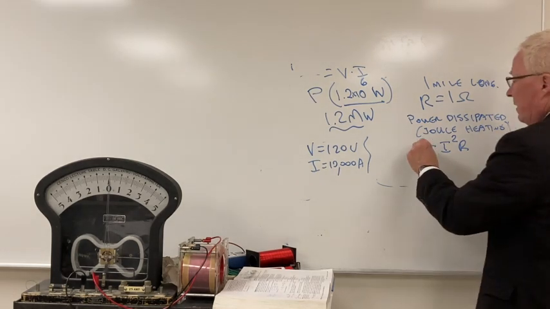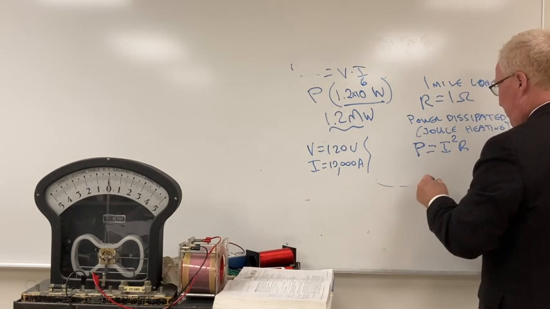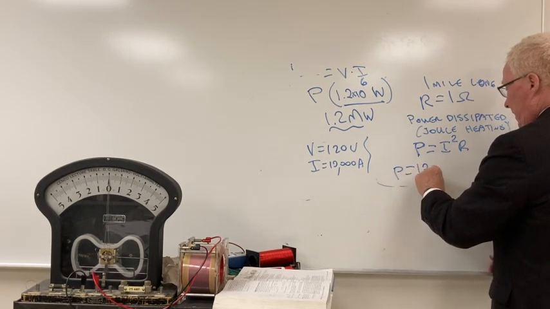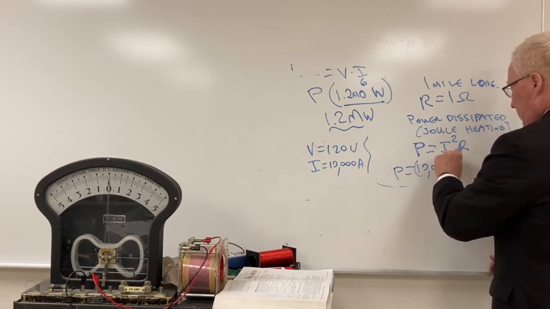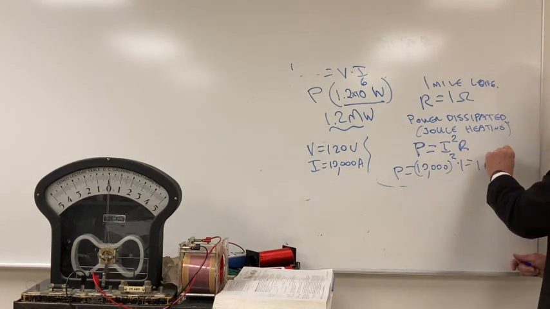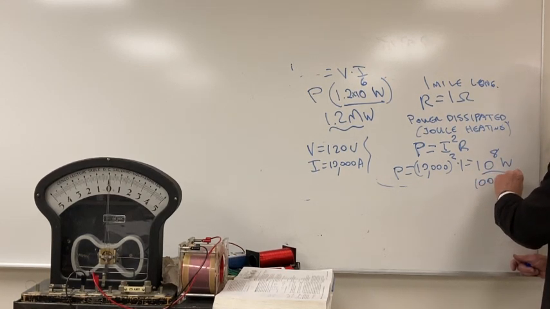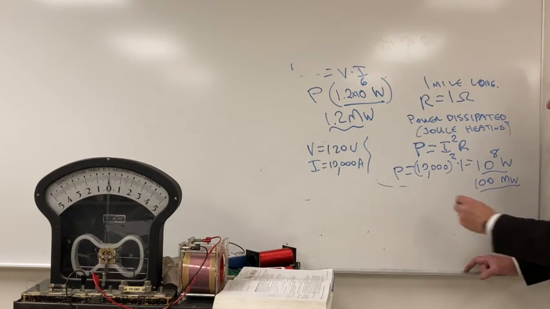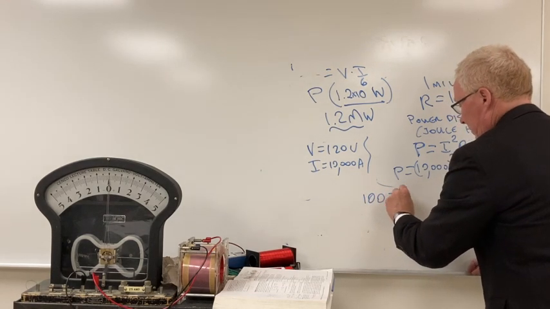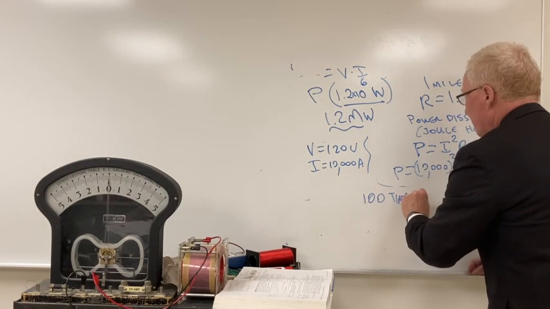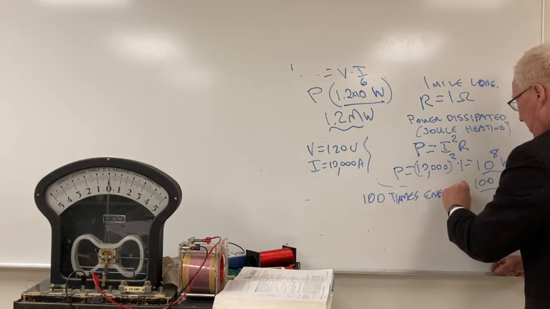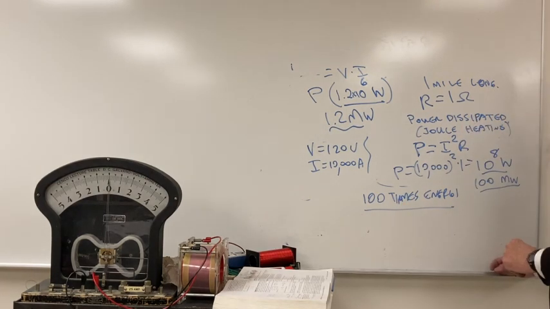So in this case, for a one mile stretch, if it's only 1 ohm, the power will be 10,000 squared times 1, which is 10 to the 8th watts, which is 100 megawatts. Well, that's almost 100 times that, which would mean that you would lose 100 times the energy just by heating the wire.